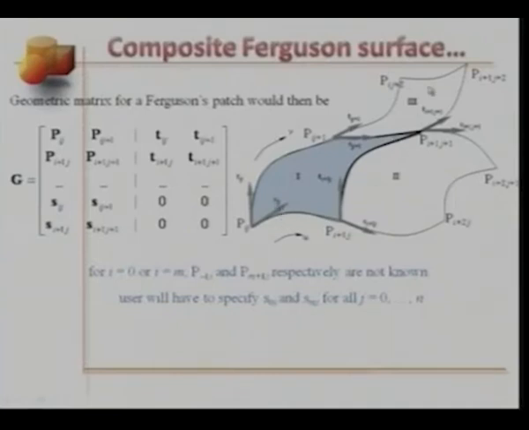And for i equals m, somewhere here, we'll have to specify Smj. Likewise, slopes Ti0 and Tin for i going from 0 to m will also need to be specified.